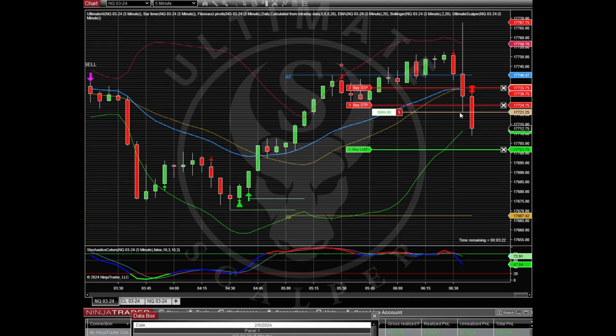Signals are right here. Breakout over the previous bar was right here. Moving stops in to lock profit in.